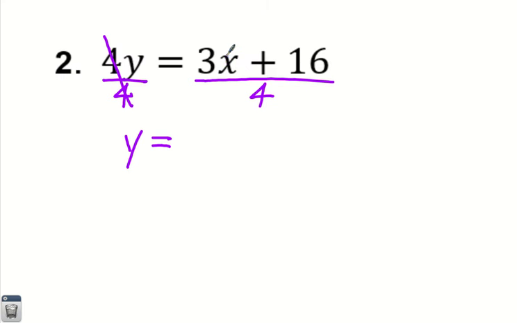So let's start here. What's 3x divided by 4? Well, of course, we just do 3 divided by 4 and the x is just going to be along for the ride. Okay, so what's 3 divided by 4?